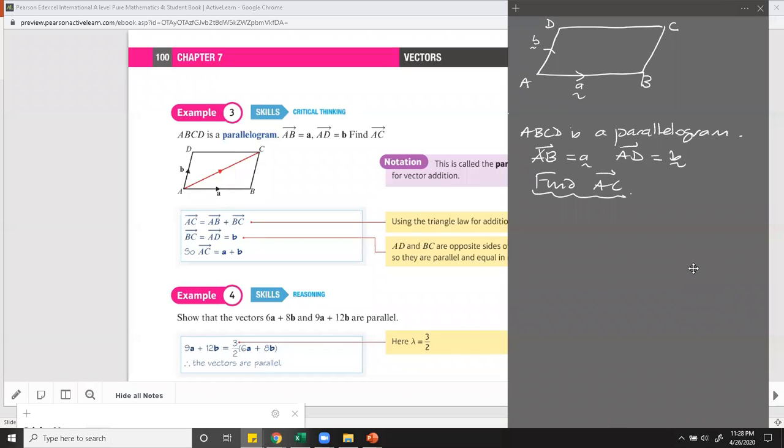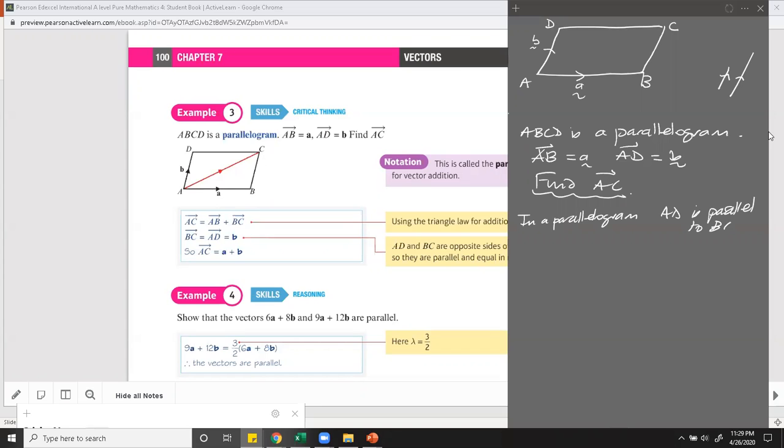Now, this is example 3 on page 100. Here, you're told that this is a parallelogram. Remember, for vectors, being parallel is an important property. In this parallelogram, AD is parallel to BC.